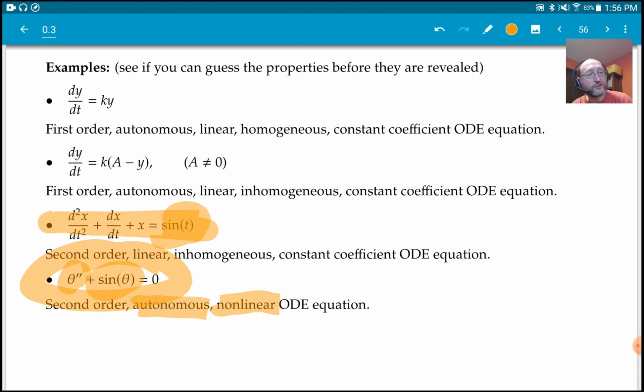We're actually going to look at a simplification of this where we're going to linearize it, basically. We're going to look at a very similar linear equation, and that's going to work as long as theta is very small.